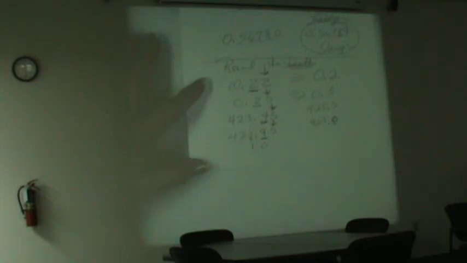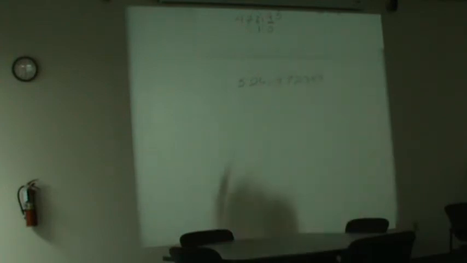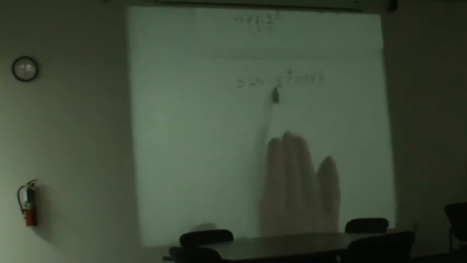Okay, so let's do one, let's round 526.97235. We're still rounding to the 10th. This part doesn't even matter. You're just looking at the 10th and the number that follows it.